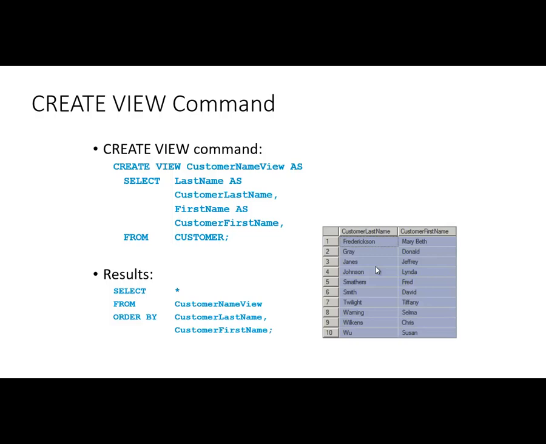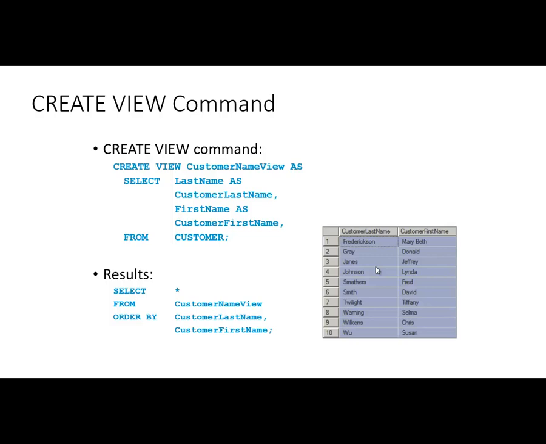We can also assign new names for these columns, for example, the customer last name instead of last name only. The code will include the table name as a source for the required information. In this case, the view will fetch the information from the customer table.